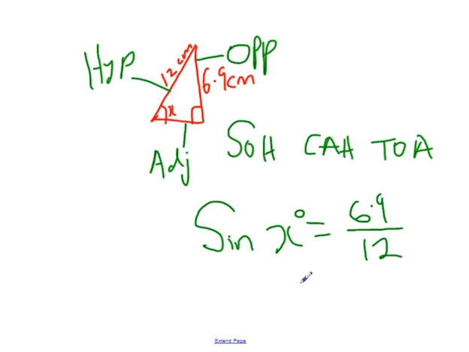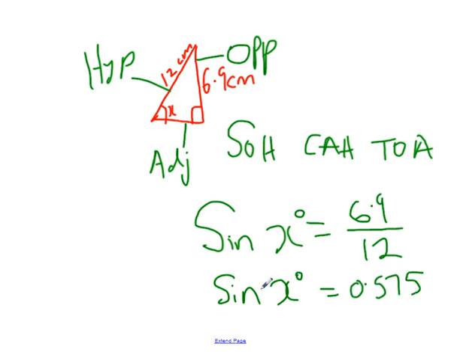Now, to find what this is, the first thing we want to do is write what sine x is first. Your sine x degrees here is, let's do 6.9 divided by 12 and see what that gives us. On the calculator we have 6.9 divided by 12, and that's 0.575.